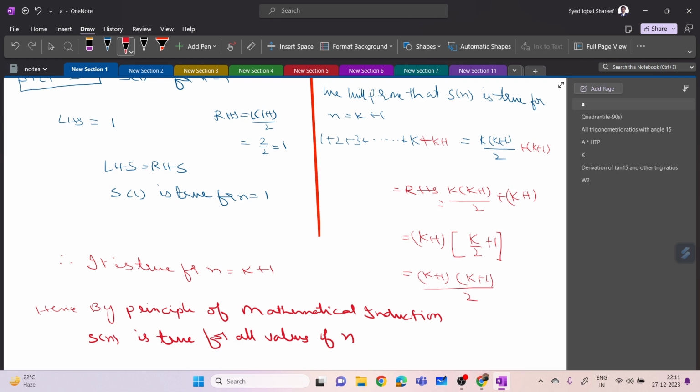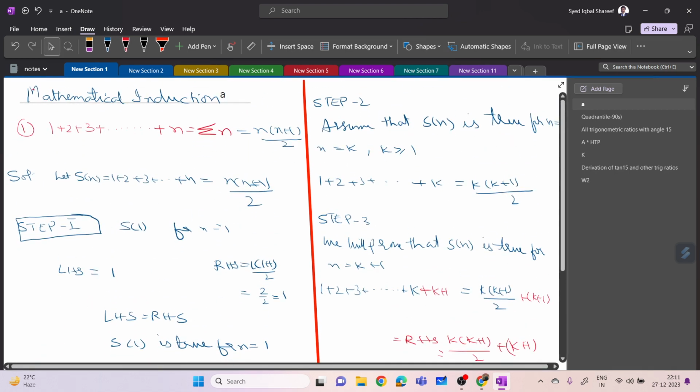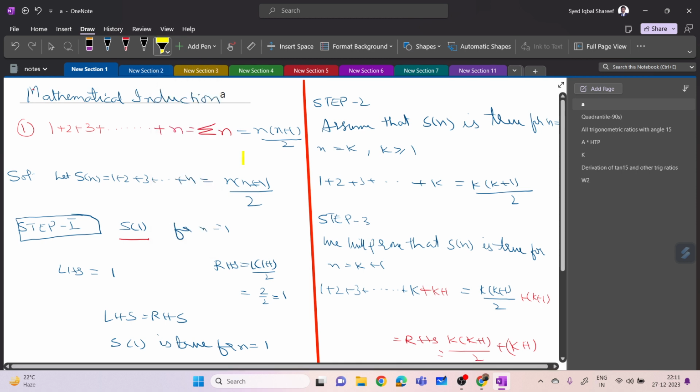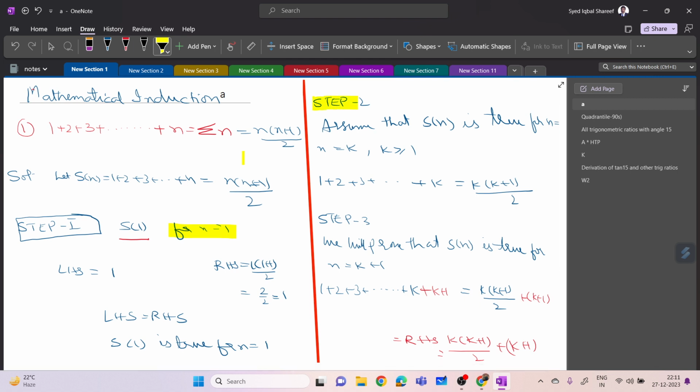So what have we done here? Three things we have done. What are the three things? We showed that it is true for n equal to 1. Then in step number 2, we assumed that it is true for n equal to k.